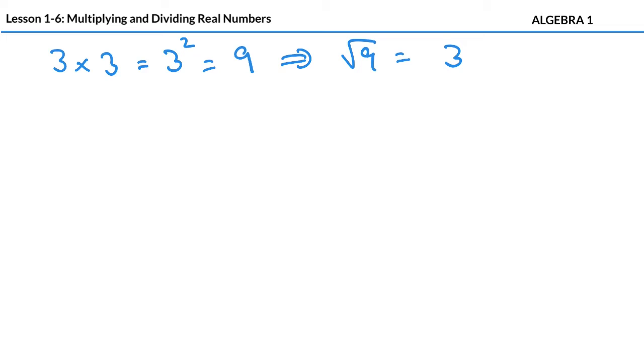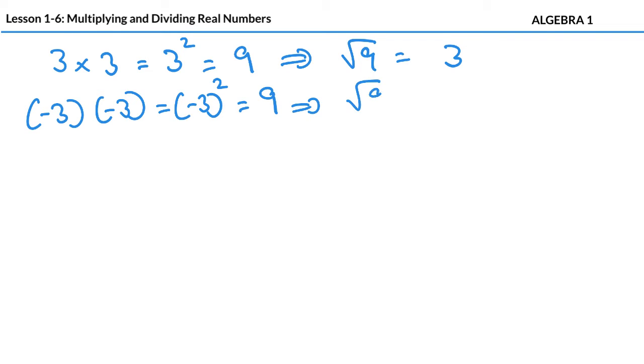Now with the additional concept of multiplication, can you tell me what is negative 3 times negative 3? It is negative 3 squared, which is also 9. So in other words, square root of 9 can also be negative 3. So whenever we write square root of 9, it can be plus or minus 3.